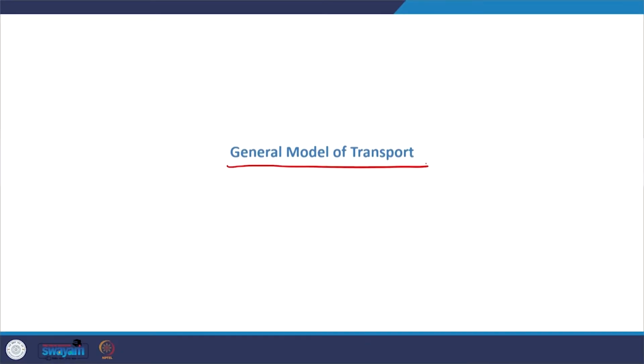Hello everyone. Today we will continue our discussion of the general model of transport, and as all of you know, from last class on we started discussing how electrons actually travel through devices.